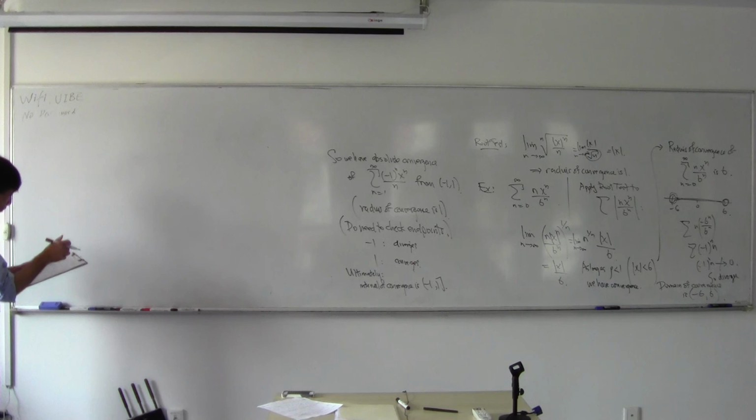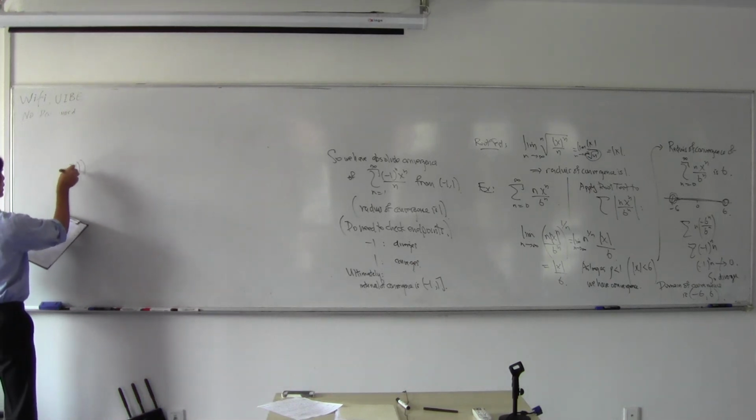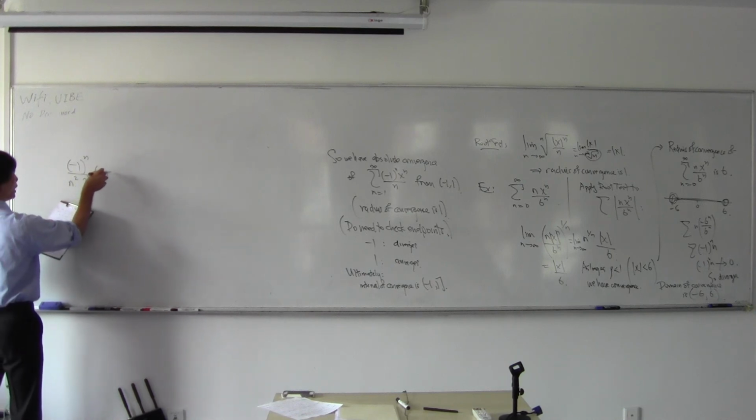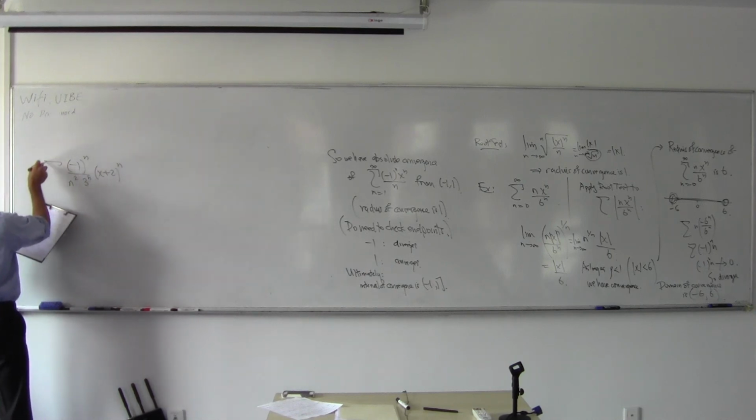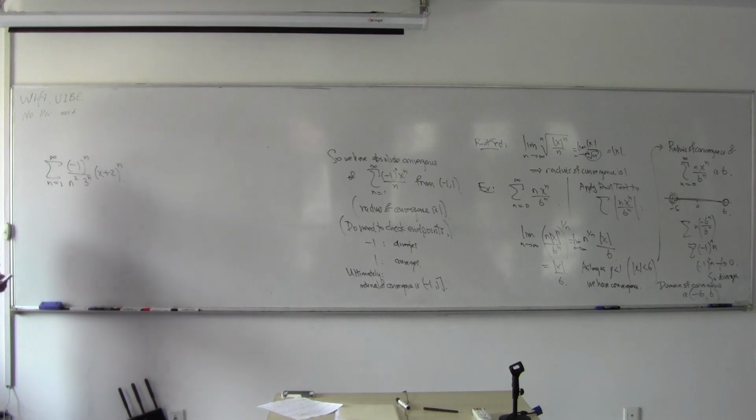Okay, another example. This one is a little bit different, and you'll see something happen. The summation, n from 1 to infinity, of negative 1 to the n, x plus 2 to the n over n squared times 3 to the n. Okay, so apply some test to this, whatever test you like.